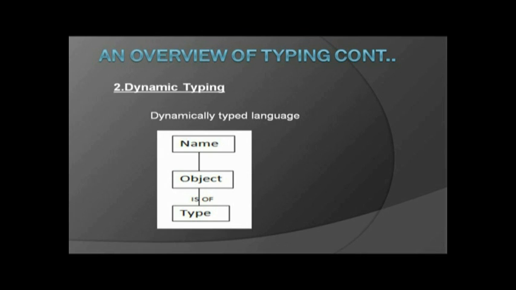In a dynamically typed language, every variable name is bound to an object unless it is null. Names are bound to objects at execution time by means of assignment statements, and it is possible to bind a name to objects of different types during the execution of the program.